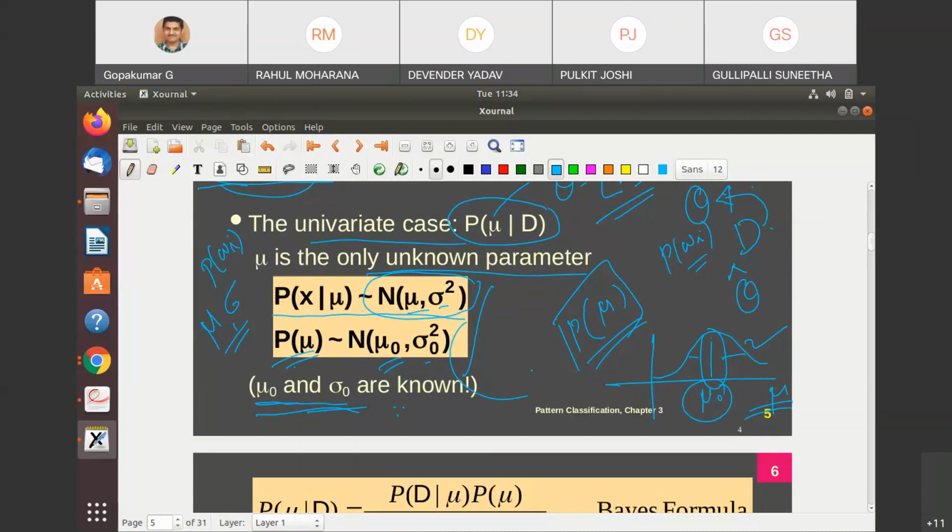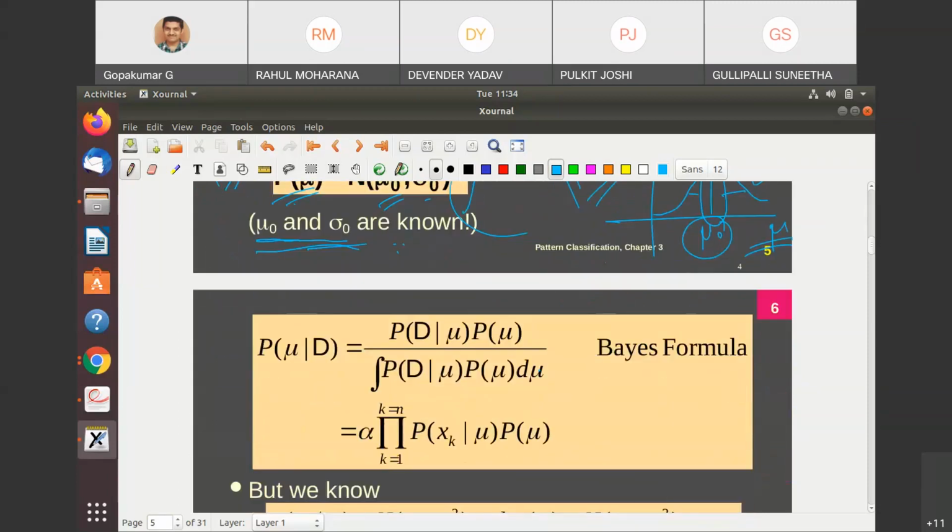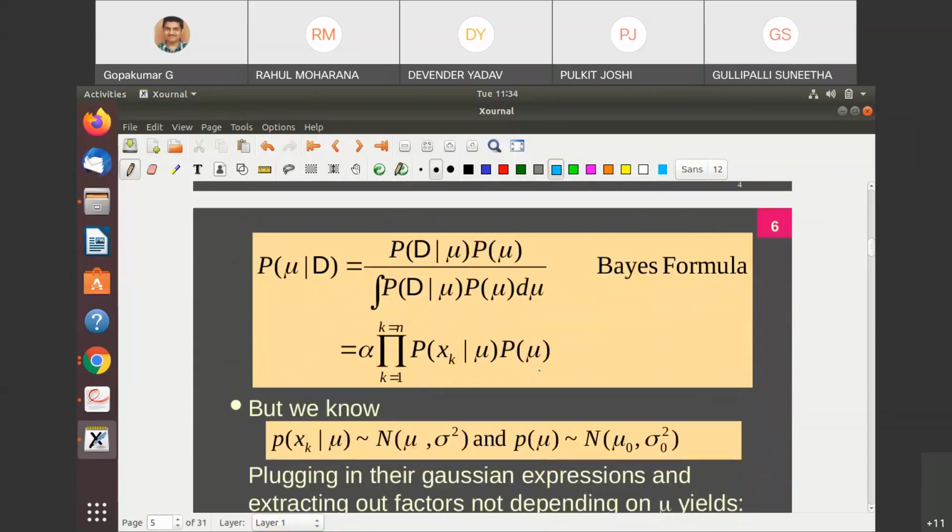The same assumption is what we used in the earlier case also. Now we write the equation: the probability of mu given d. We are trying to find the distribution of that mu value, with respect to our original base equation.